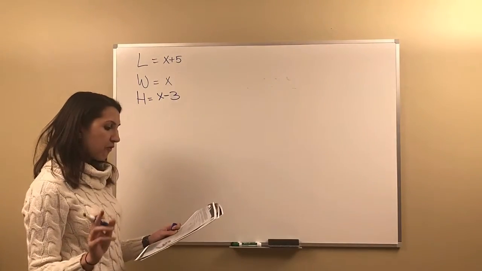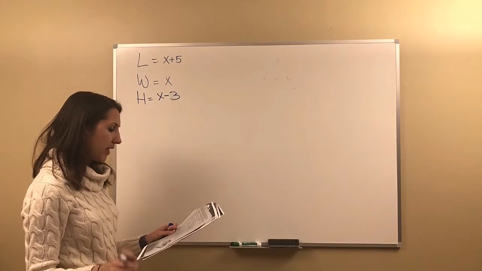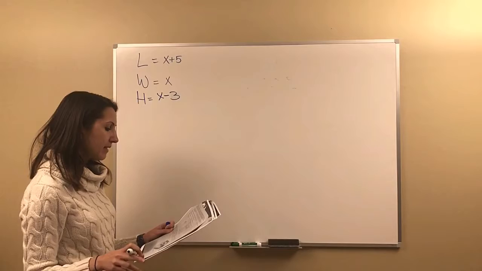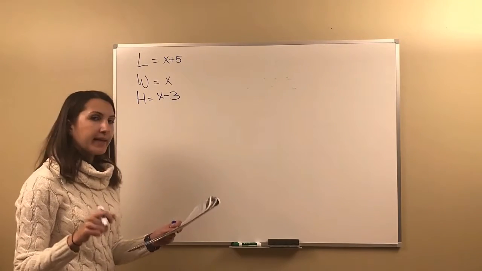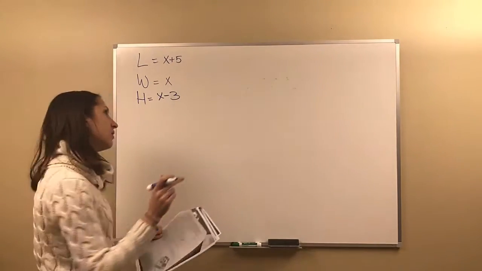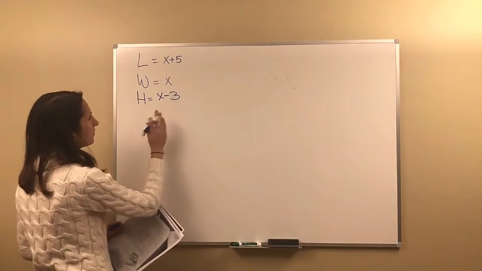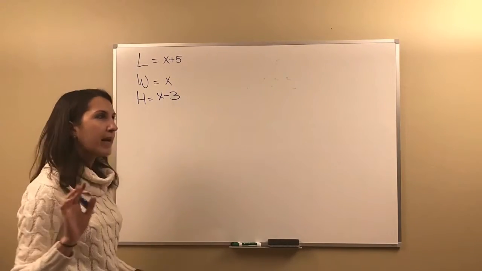The area of the 4 walls exceeds the sum of the areas of the floor and the ceiling by 240 square feet. Again, the area of the 4 walls. So we have walls. Just imagine you have a room, you have 4 walls, right?